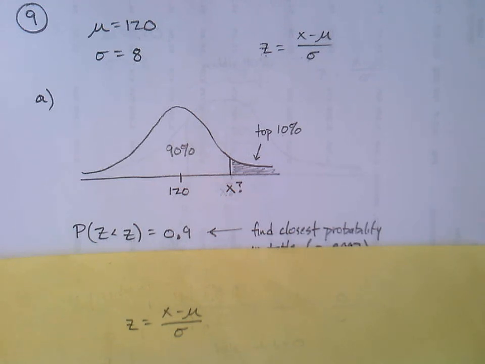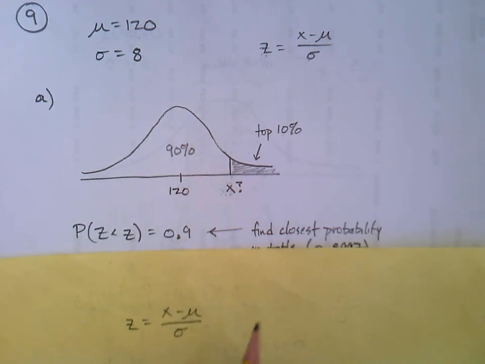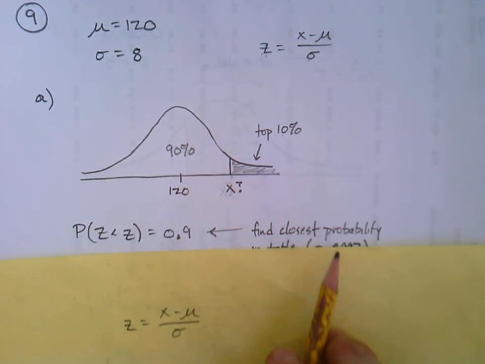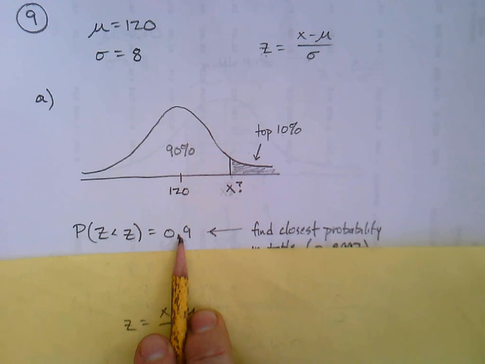They're these awkward decimals, and we round them to 4 places. So we're not going to find exactly 0.9 in our table. What we're actually going to find is the closest probability to it. Get as close as you can to 0.9. And remember, we're working backwards.